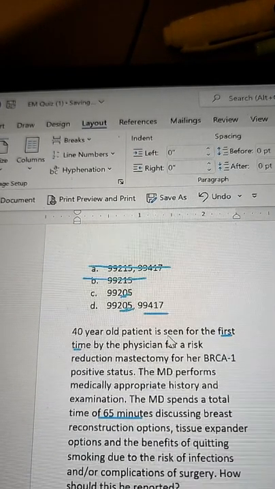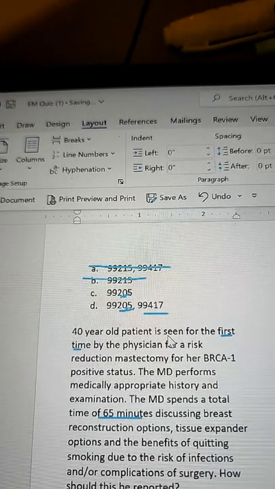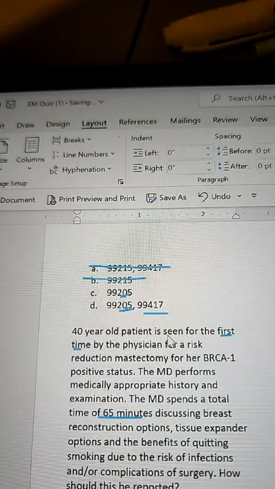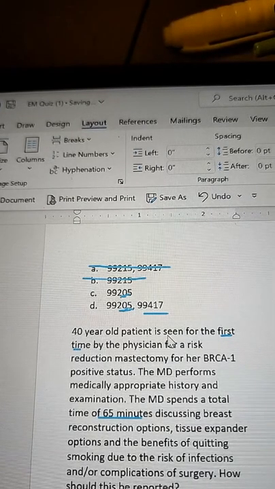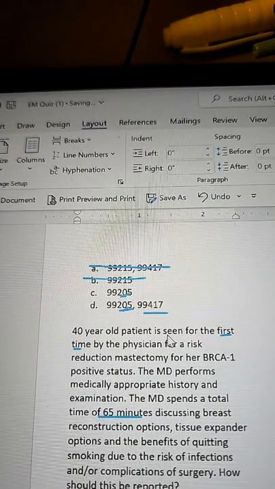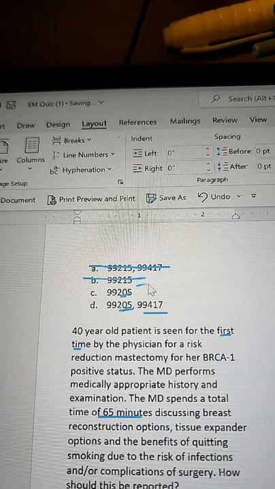Mean, are you sure? Go look up your time on 205. I think you're thinking of the time for 215. Time for 205 is up to how much time? The time for 99205 is 60 minutes to 74 minutes included.